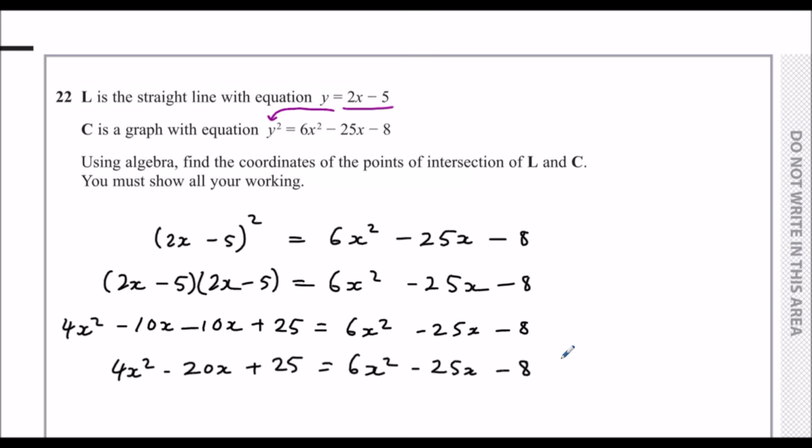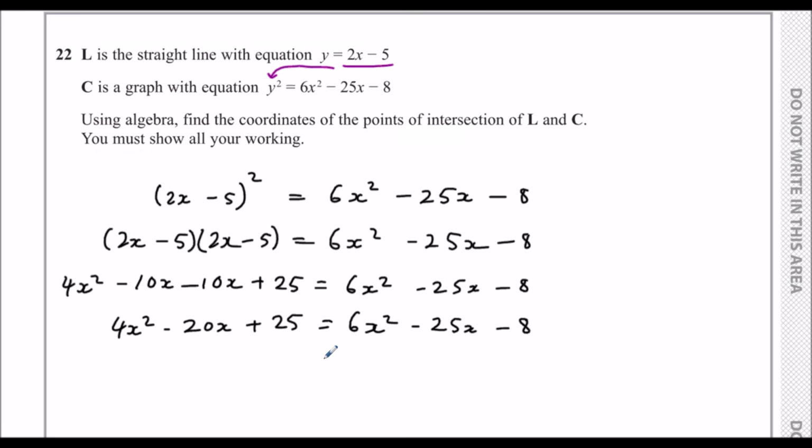I've got a quadratic here. To solve it, I need to make it equal to 0. I'm going to bring all of the terms over to the right side because I want my x squared term to be positive. So I'm going to take 4x squared away from both sides. 6x squared take away 4x squared is 2x squared.